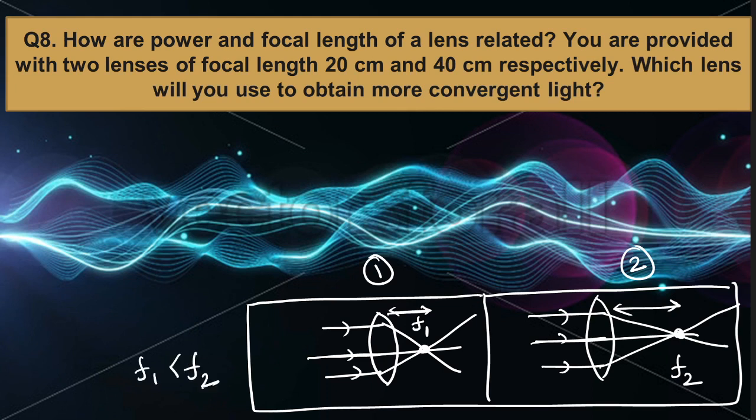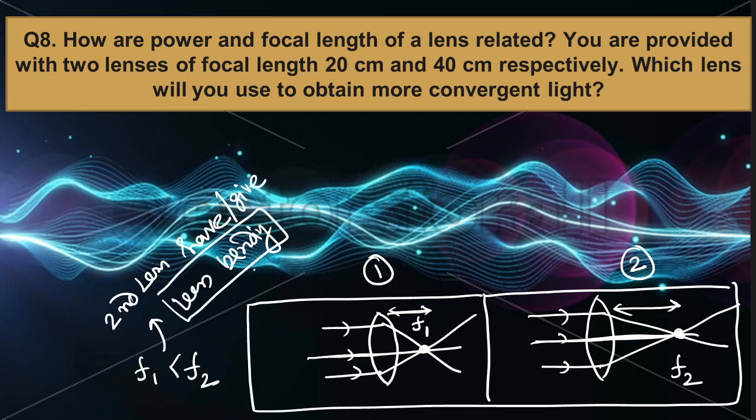It means lens 2 has less bending, the second lens has less bending. That's why it takes a longer path. So if it gives less bending, we can write that it has less power.